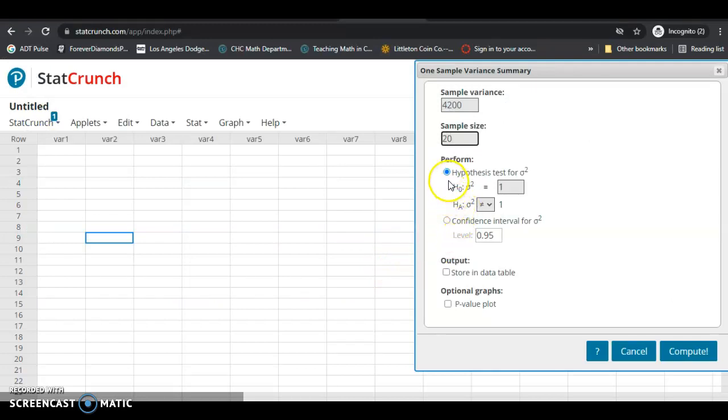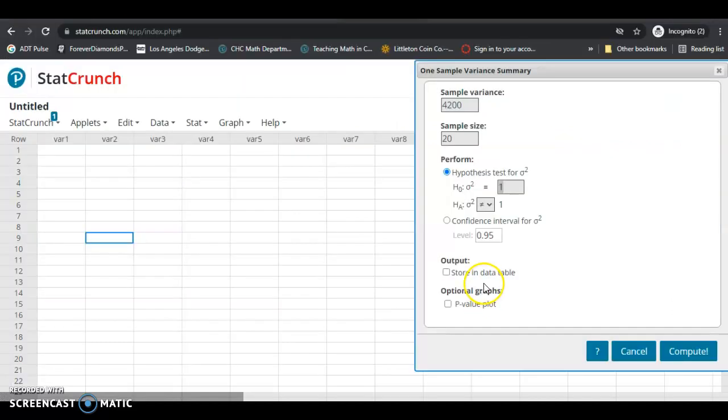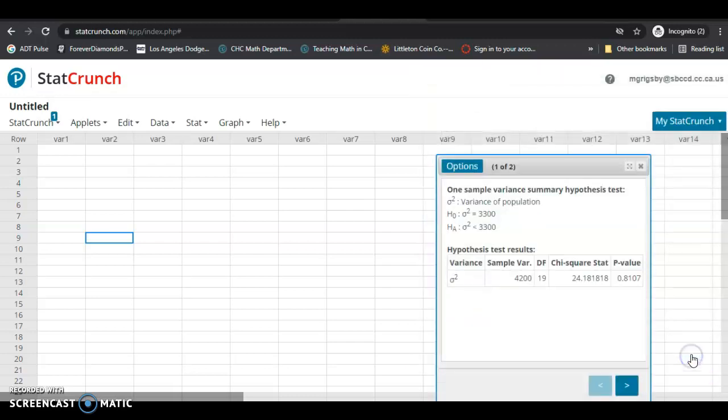We're going to select the first button for hypothesis test. The hypothesized population standard deviation is 3,300, and we are hypothesizing that it's less than 3,300, so 3,300 is going to go in this box. We input the less than symbol in the alternative hypothesis, and then we can check the box for a p-value plot.